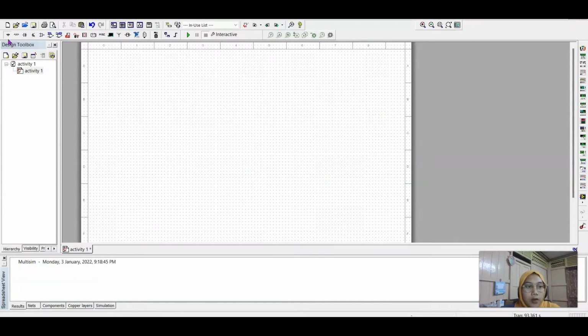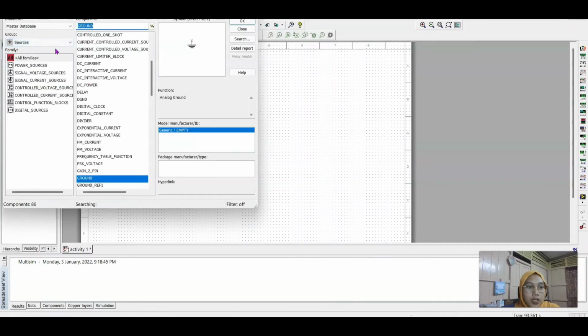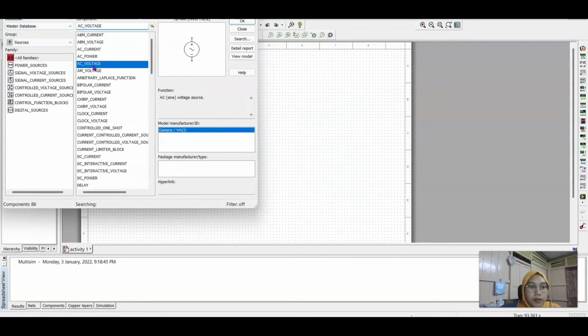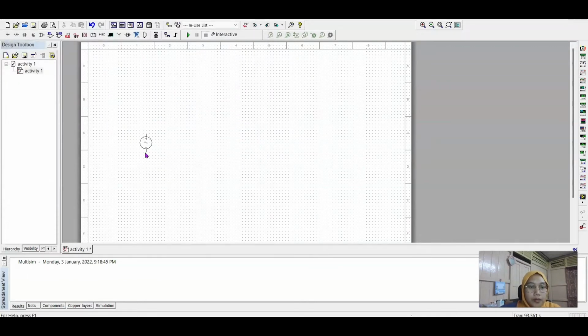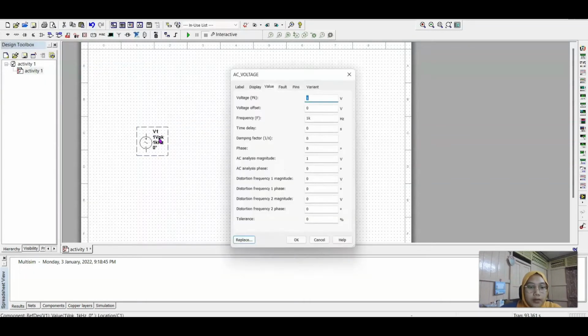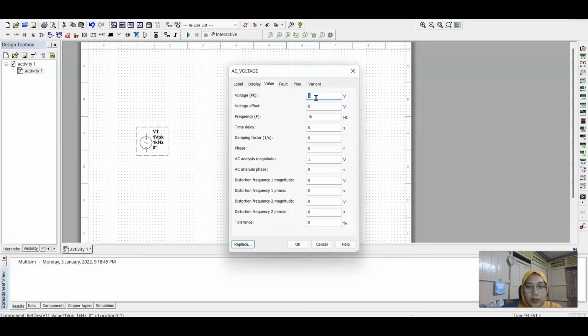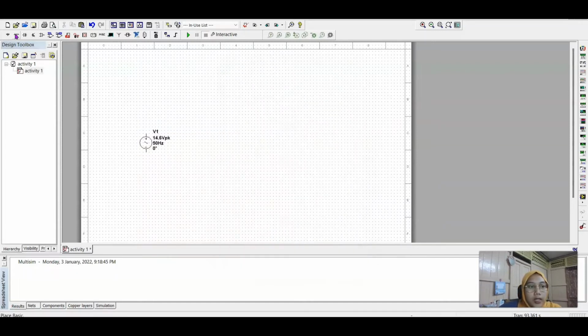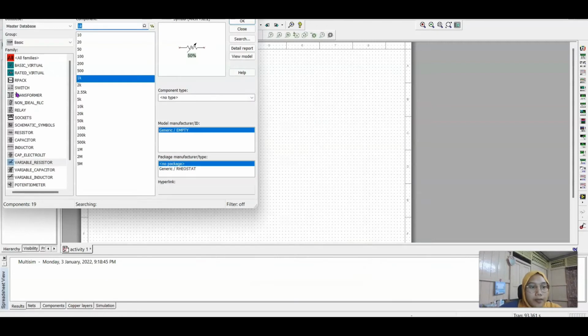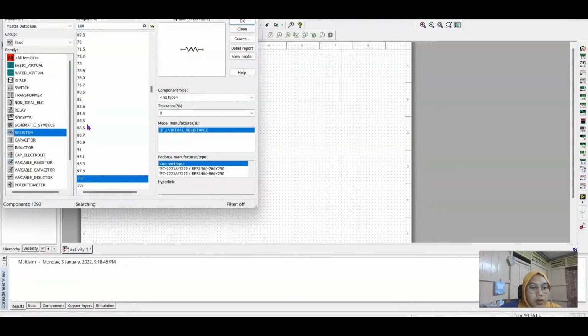First of all, we need an AC voltage. We set the peak voltage to 14.6 volt and the frequency to 50 Hz. Next we need a resistor of 100 ohm.